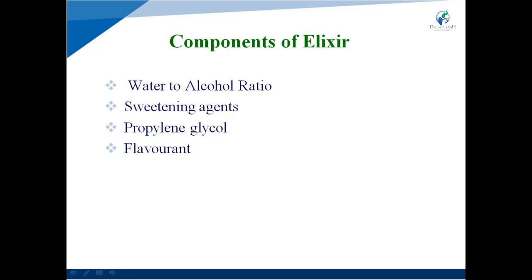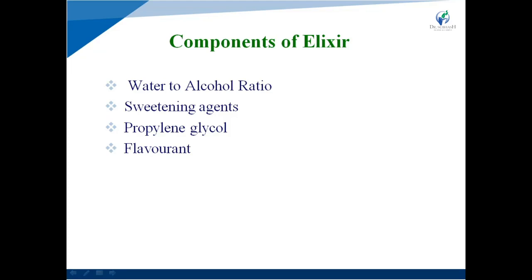Preservatives that are used for elixir. Which type of preservatives are used? Parabens. Parabens are a class of widely used preservatives in pharmaceutical products. Examples are methyl paraben and propyl paraben. Next class of preservative is benzoates.